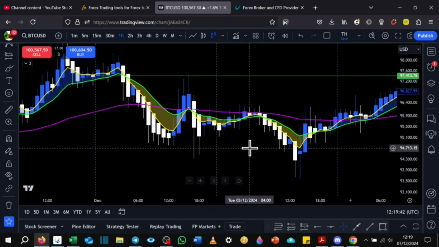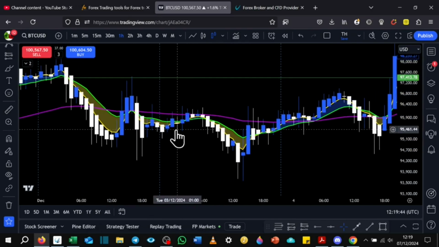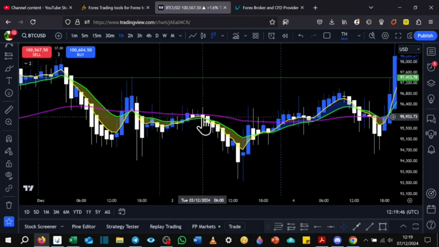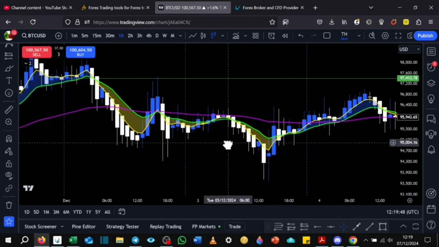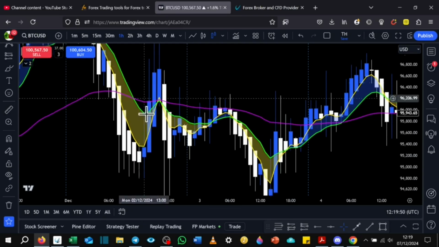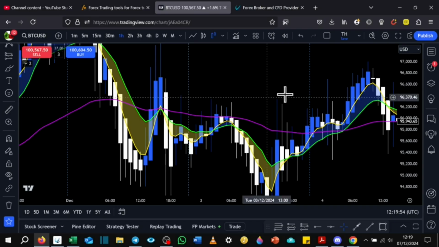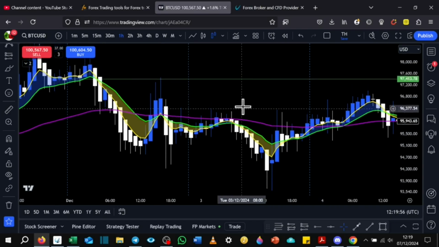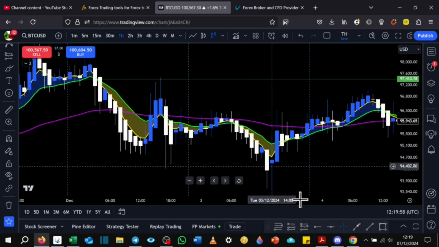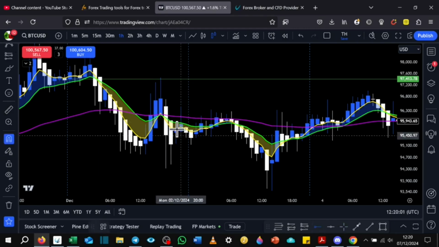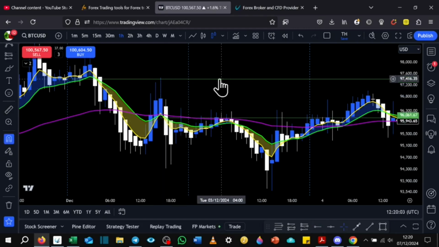Next trade was on the Tuesday. So prices broke down. We've come back up to the 62 EMA. It's actually hit this institutional candle here.